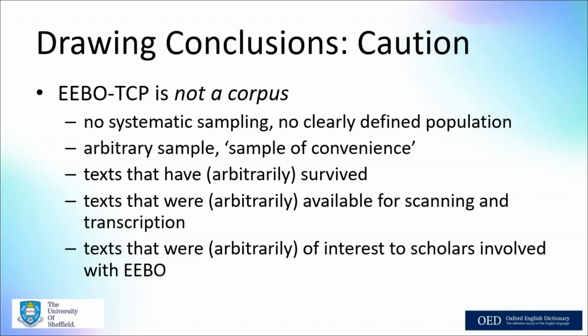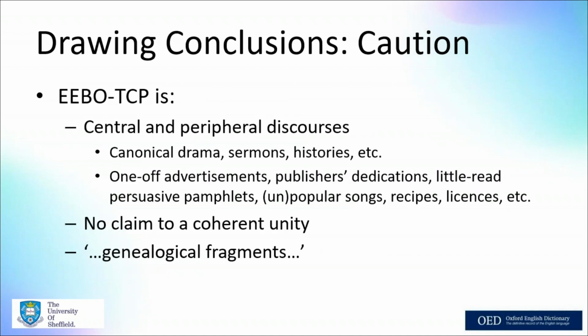So a particular librarian, a particular scholar might have said, well, it's really important to me that we transcribe this text. And sometimes, going back to the very beginning when the microfilm was generated, scholars would say, well, I really want to make sure that we have microfilm of this text, so we're going to make sure that we have microfilm of this text and everything else in the same box. So again, this is entirely arbitrary. This is not any kind of sampling procedure.